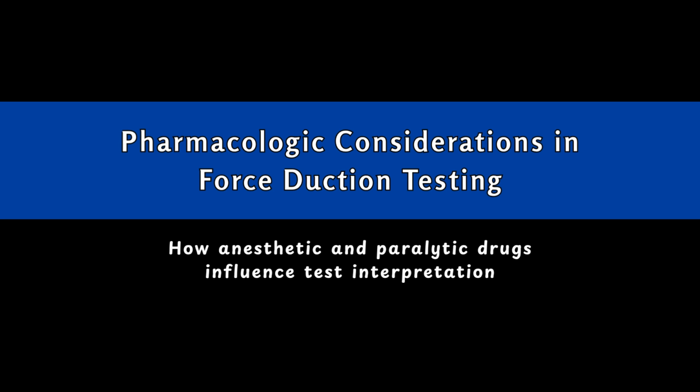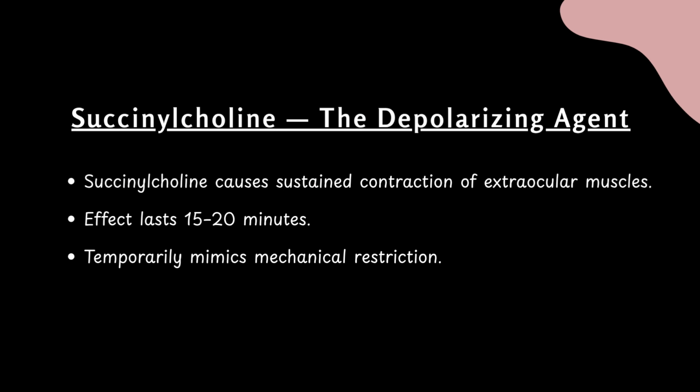Now, while performing the forced duction test under general anesthesia, remember that the muscle relaxants can also alter your results. And if you misinterpret these effects, a normal muscle might appear restricted. For example, ketamine and succinylcholine. Succinylcholine is a short-acting depolarizing agent causing extraocular muscles to contract and stay contracted for up to 20 minutes.